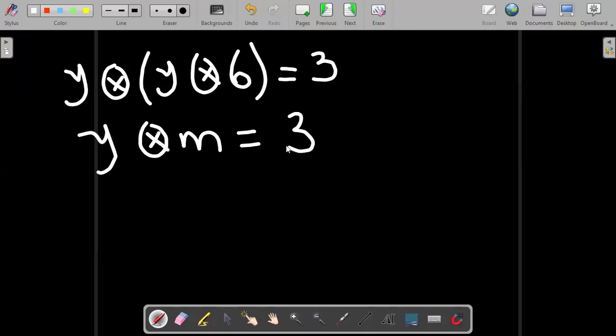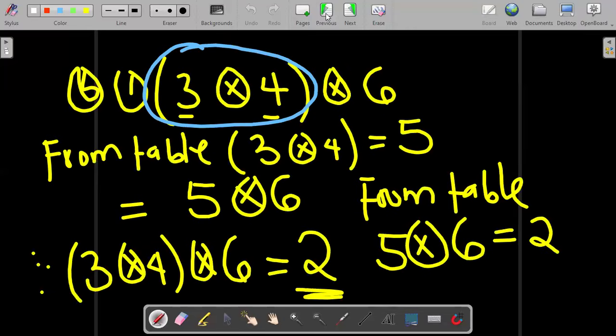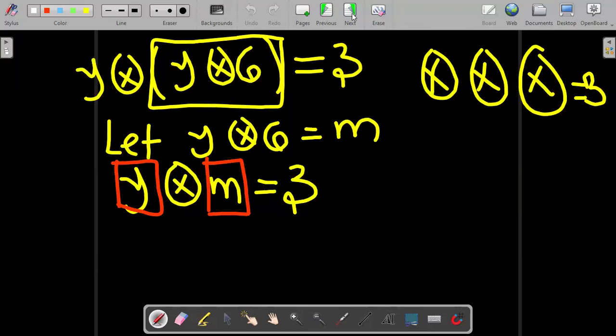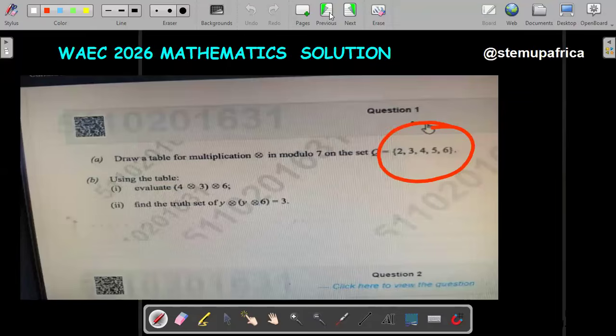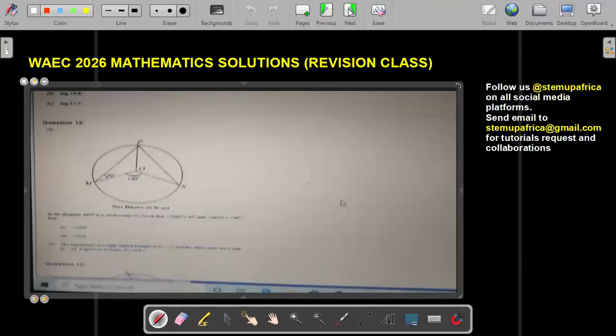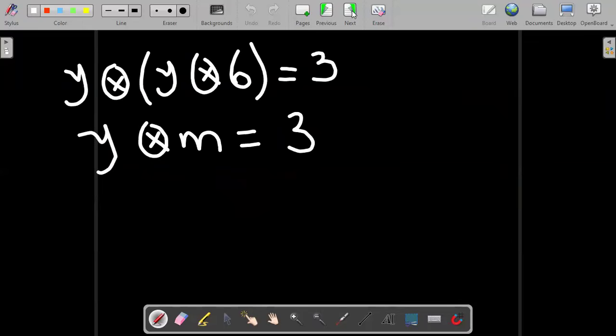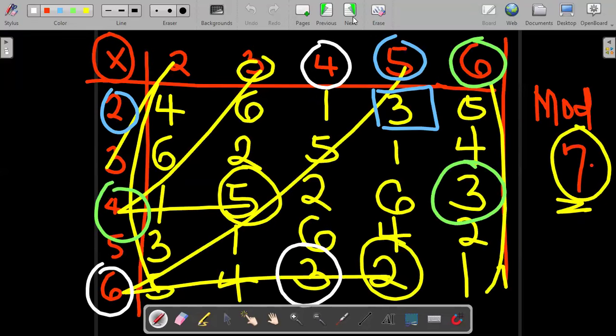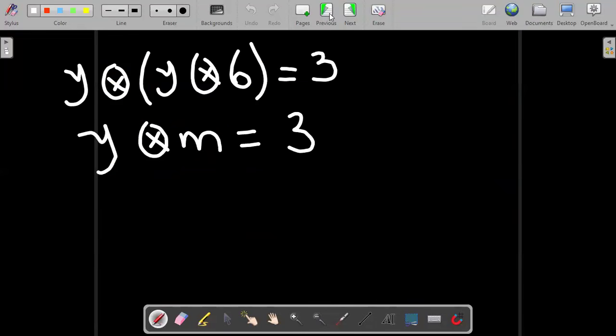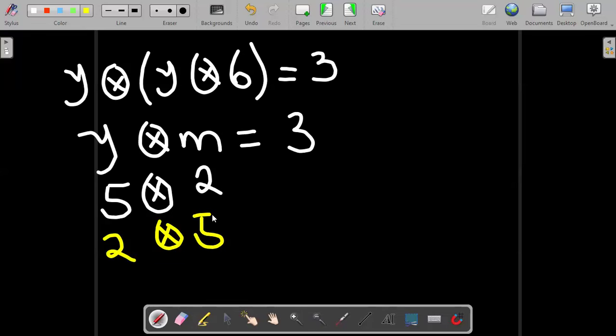So let's check the set of numbers now. The set of numbers now are 4, 5, and 2. So that means here can be 5 and 2, or it can be 2 and 5.